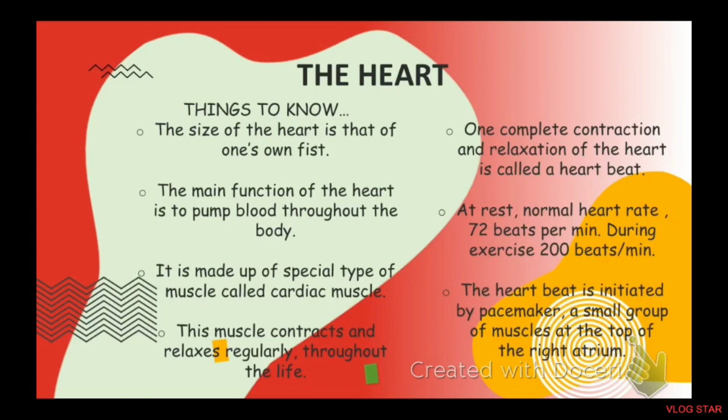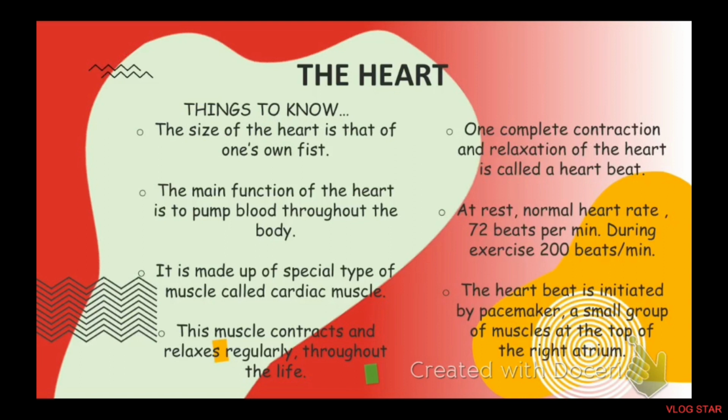Per minute, when it is at rest, it beats 72 times. This range could be around 50 to 100, but normally the number which many people fall in will be in the 70s. So 72, 71 or 73, like that. But during exercise, this number of beats goes a bit faster.